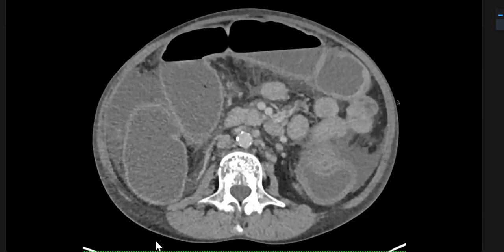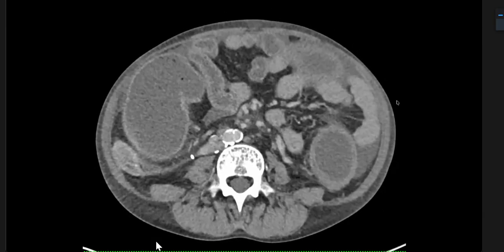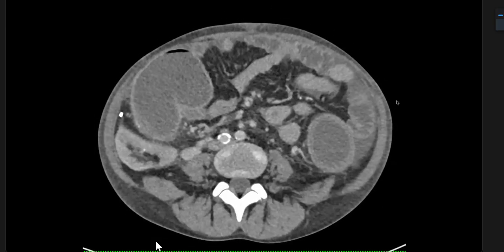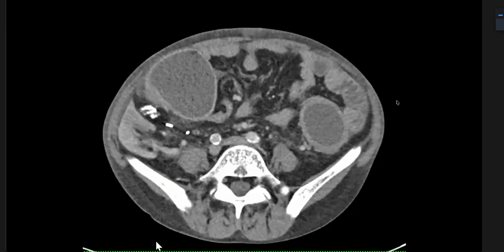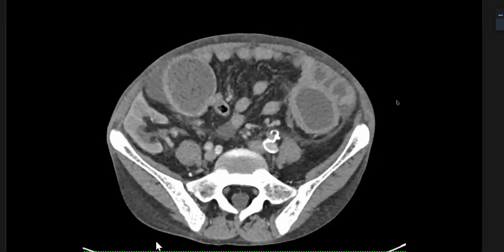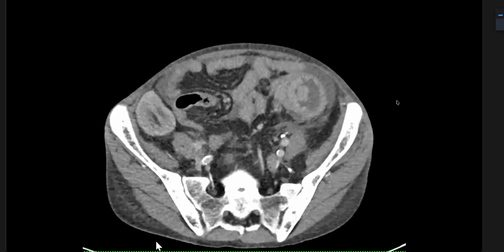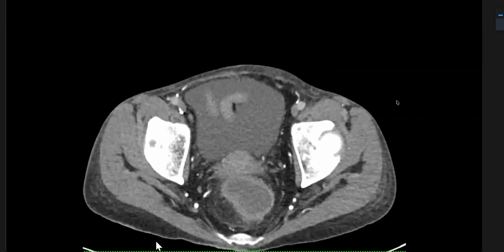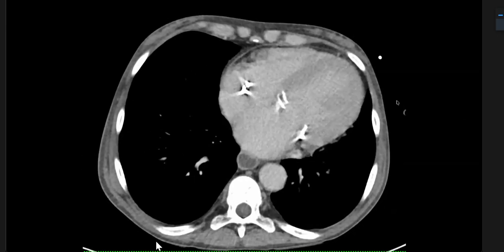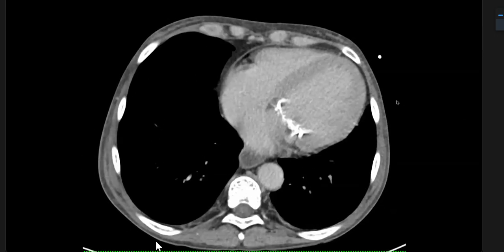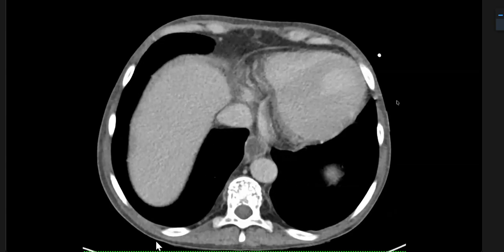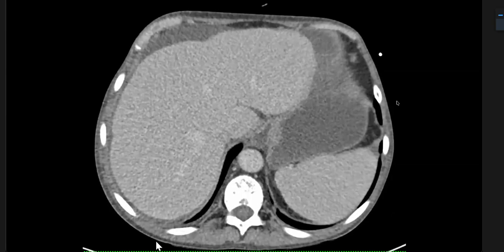I would like to go till the last cut. So scrolling it once, I can appreciate that there is diffuse bowel edema noted. There is ascites.